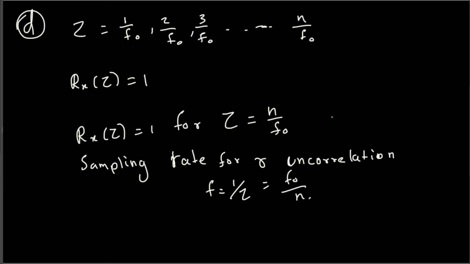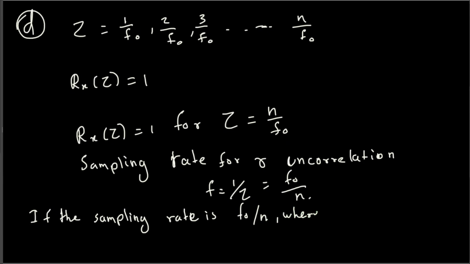Okay, so based on that we can write the explanation of this. If the sampling rate is f naught over n, where n is an integer, the samples are uncorrelated.